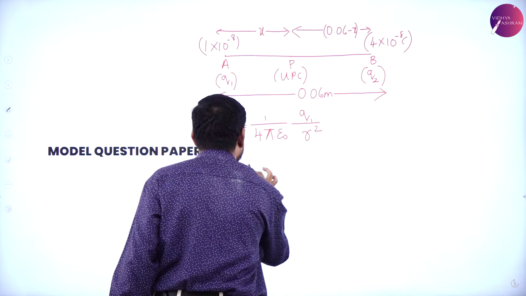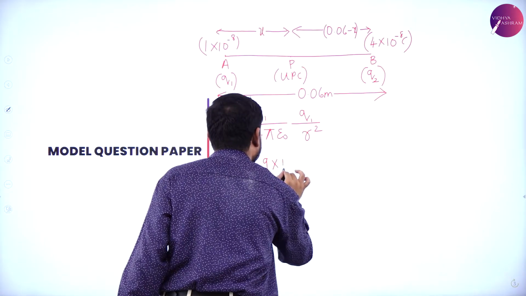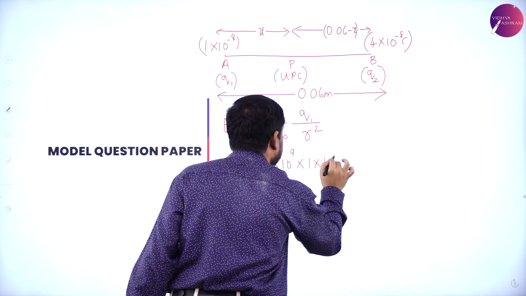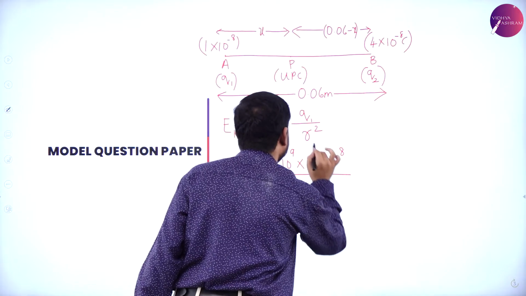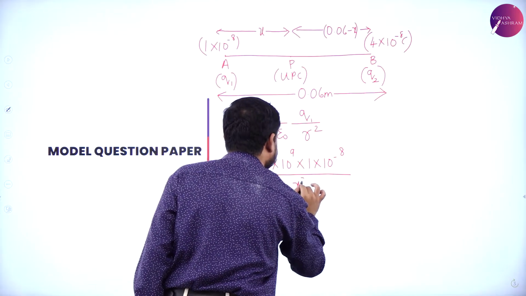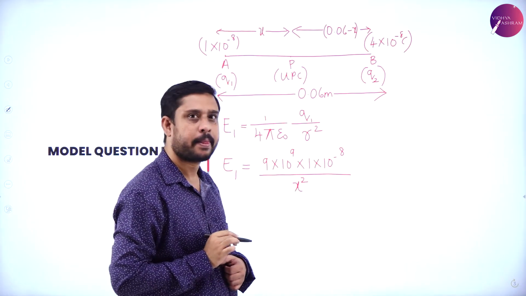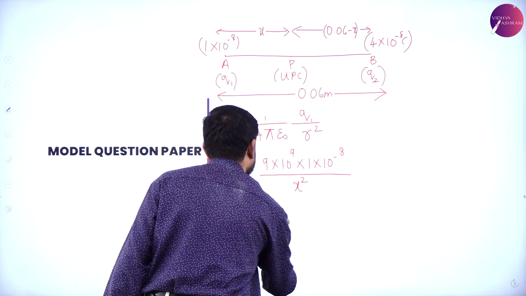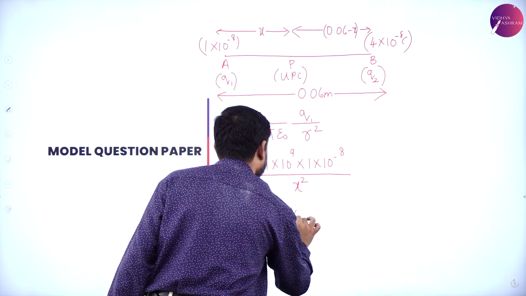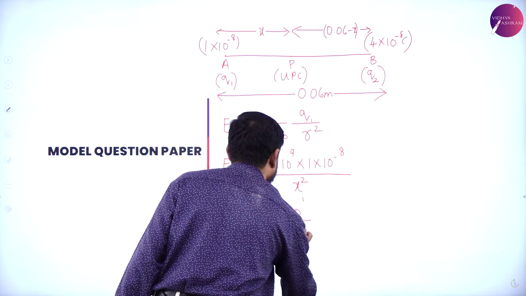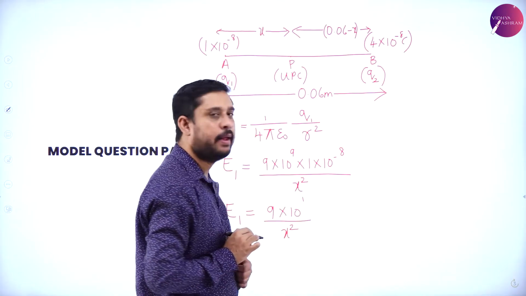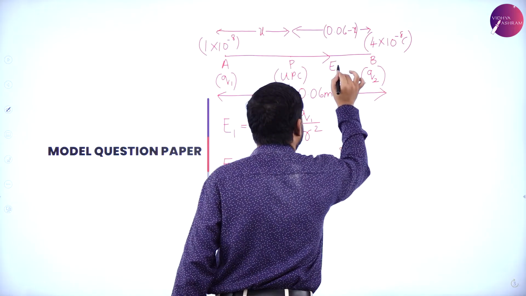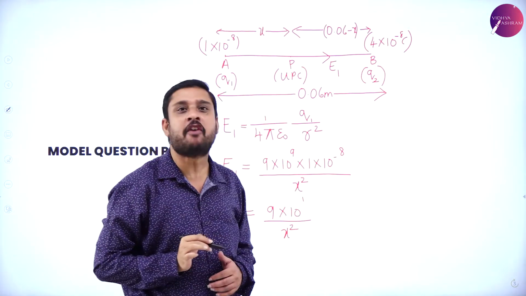So E1 is 9 into 10 power 9, charge is 1 into 10 power minus 8, the distance is x square. Or this is E1, 9 into 10 power 1 by x square. And I have to give the direction away from the UPC. So this is the direction of E1.